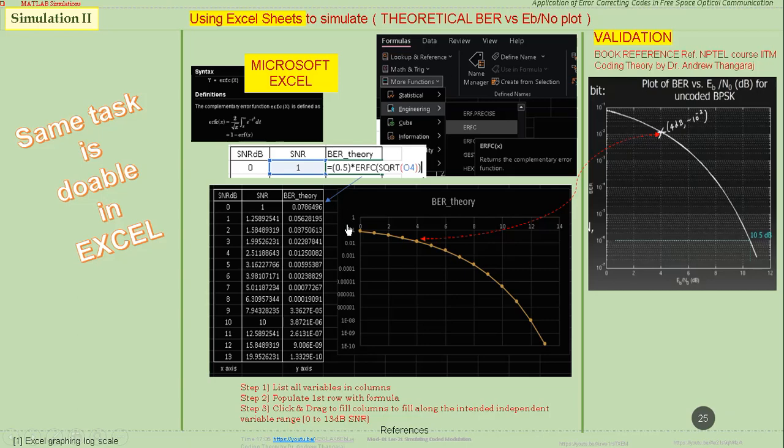Next, the same thing is achievable in Microsoft Excel or Excel-like software, because these spreadsheet programs have inbuilt mathematical formulas that can be accessed and used. You just type in one value and stretch it down, you will get the values, and then you can plot a graph.